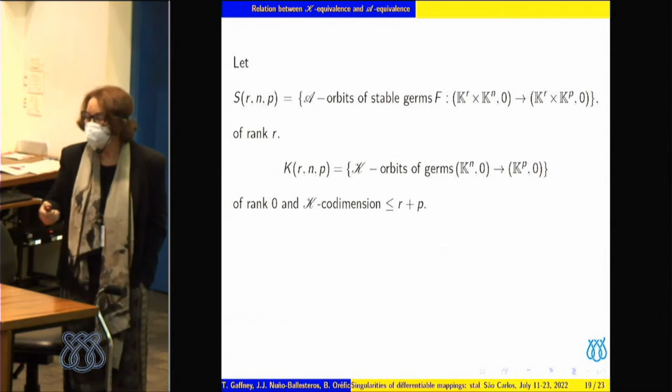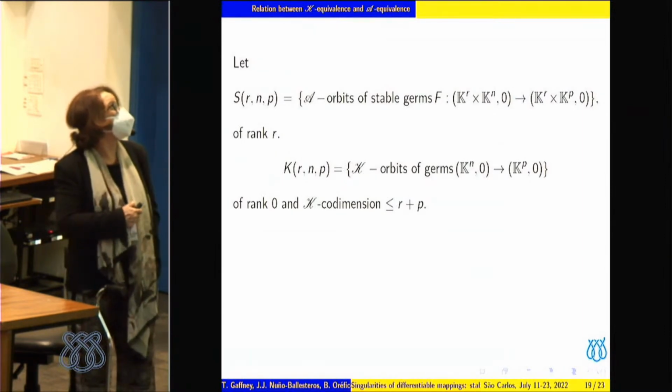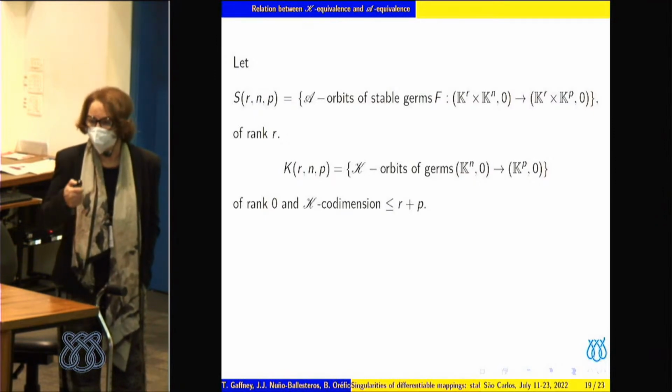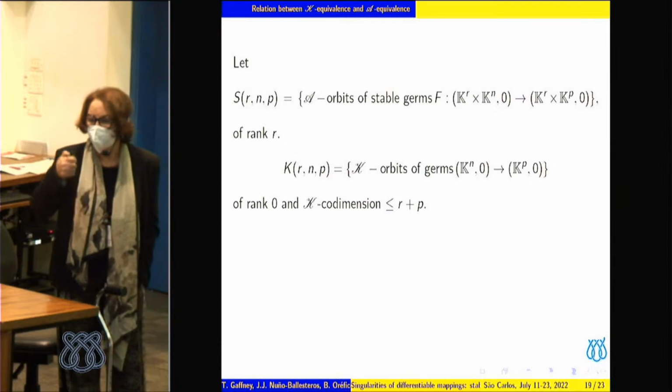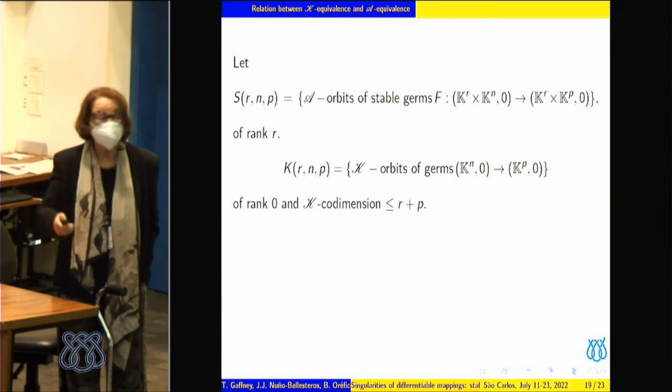But this is what we wanted, because we can then relate the A orbits of stable germs with the K orbits of the versal deformation we obtain with the graph deformation.